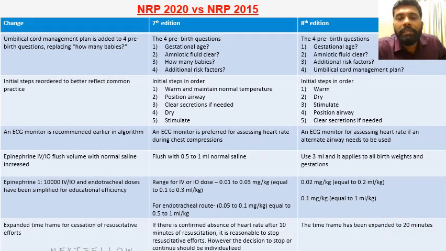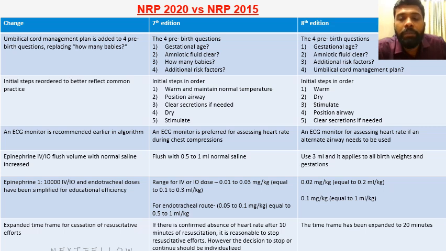And these are the new changes. Now the new edition is NRP 2020, that is the 8th edition. The changes you need to know from your level are the dosage changes of adrenaline. Earlier it was a range dose, that is 0.01 to 0.03 mg per kg, or rather 0.1 to 0.3 ml per kg.